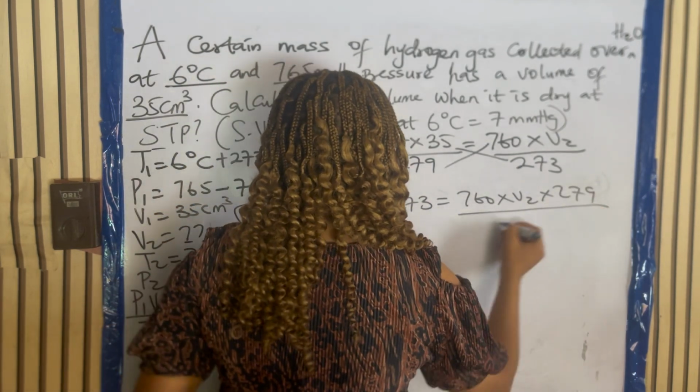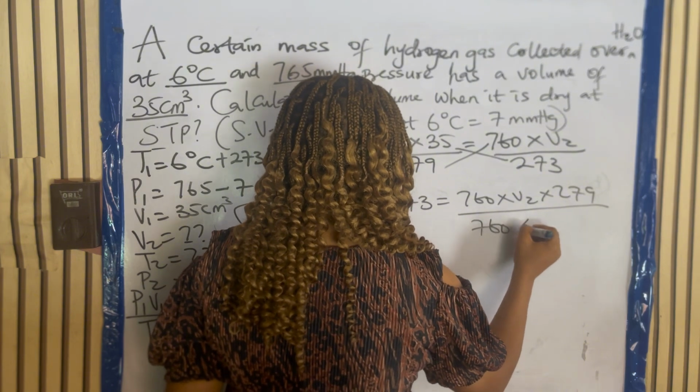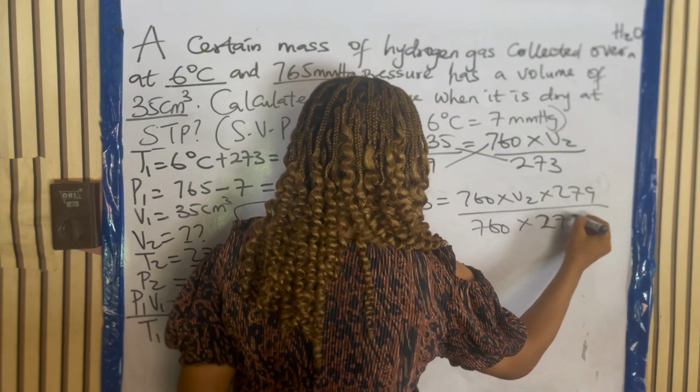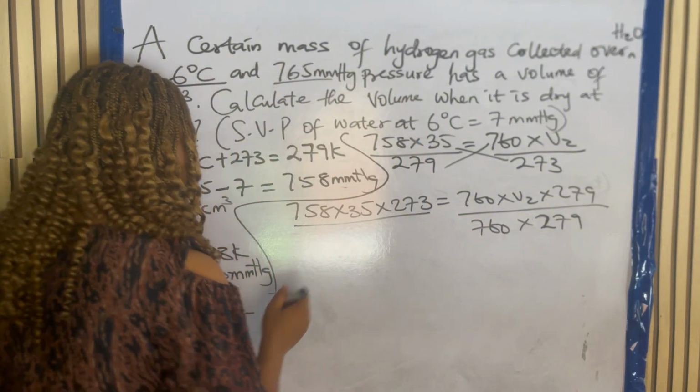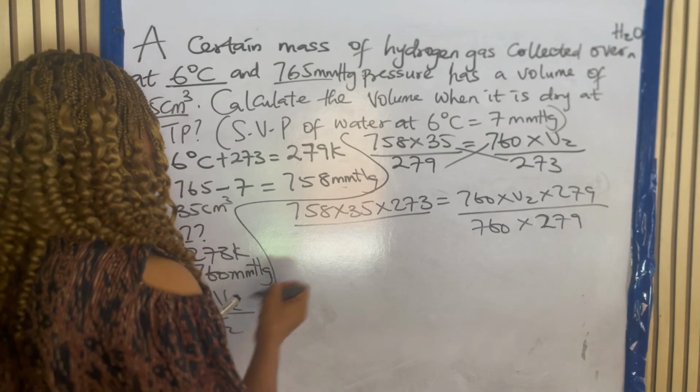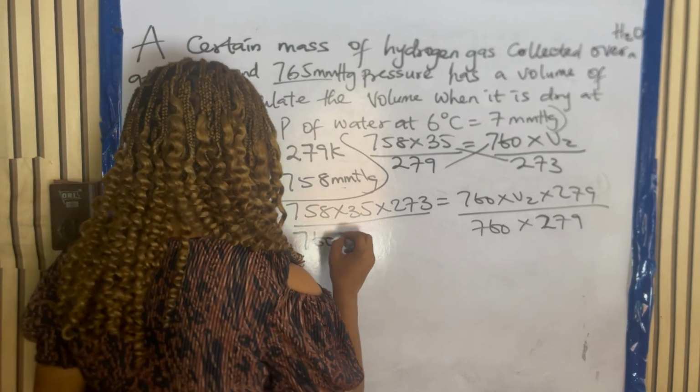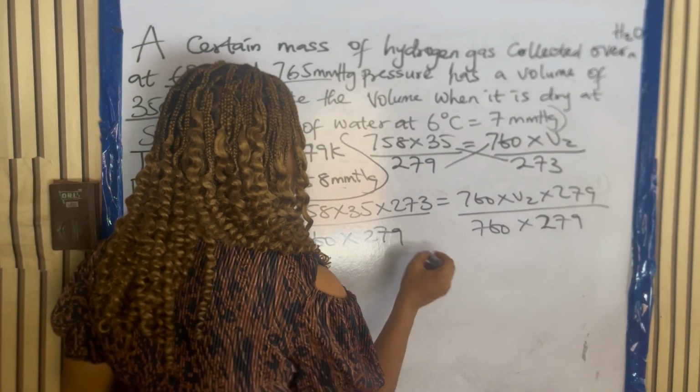So we're going to divide by the coefficient of V2 so that we'll quickly get our answer, bearing in mind that in the exam we are going to be as fast as possible because time is not going to wait for us.